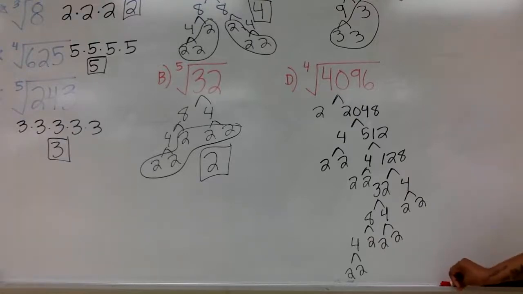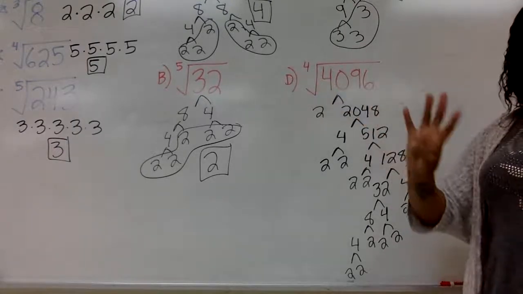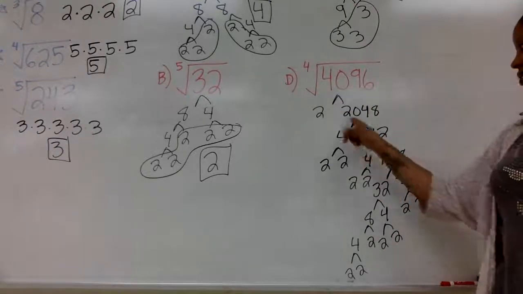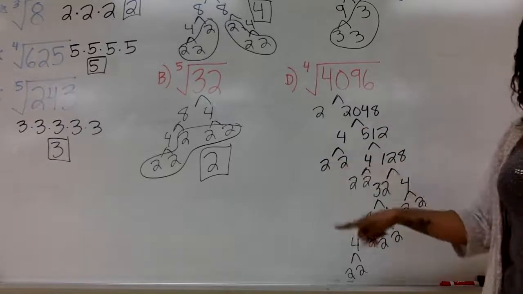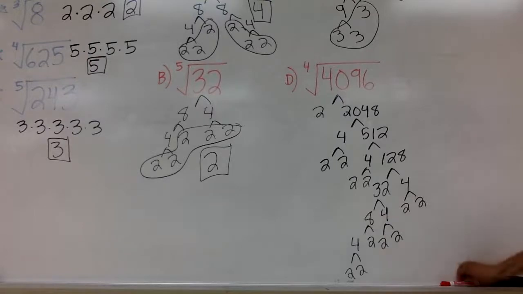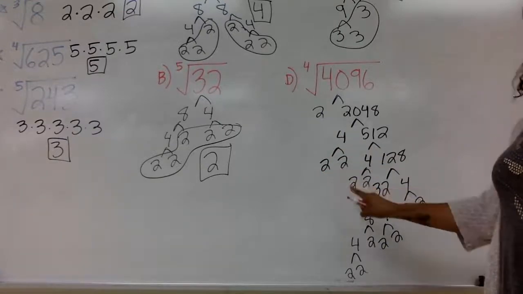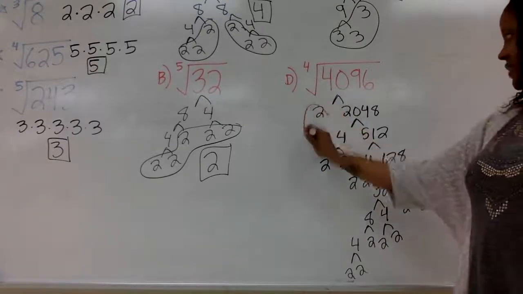This time I'm looking for groups of 4. So I need 4 of the same number. My index is 4, so I'm looking for 4 of the same number. So we need to carefully pair all these 2s together so that I put them in groups of 4. So let me go through and try to put those. I'm using red here. So 1, 2, 3, 4. So I can put these together.